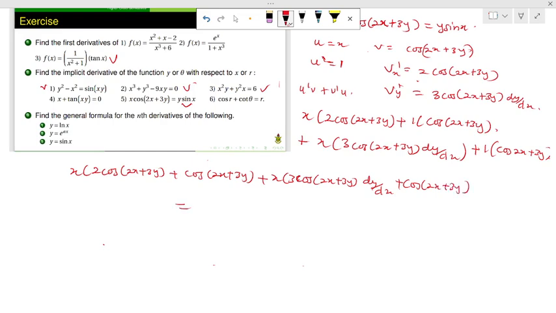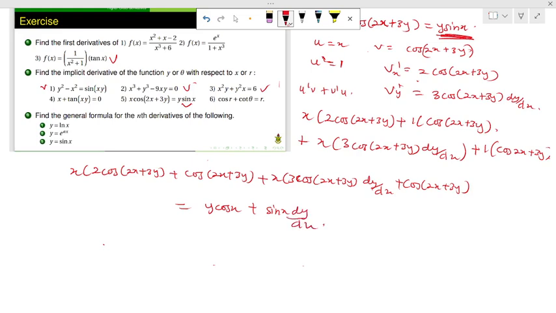And this should be equal to, now let me do this part. This part is also product rule. When I differentiate with respect to x, maintaining y, I'll have y cos x, plus, now I'm going to differentiate with respect to y, I'll have sine x dy over dx.